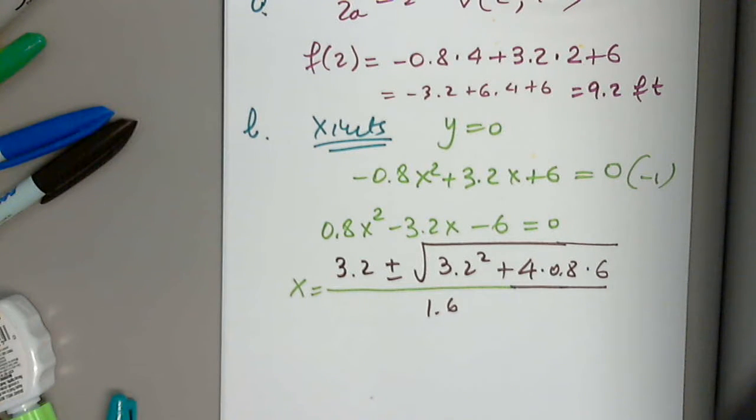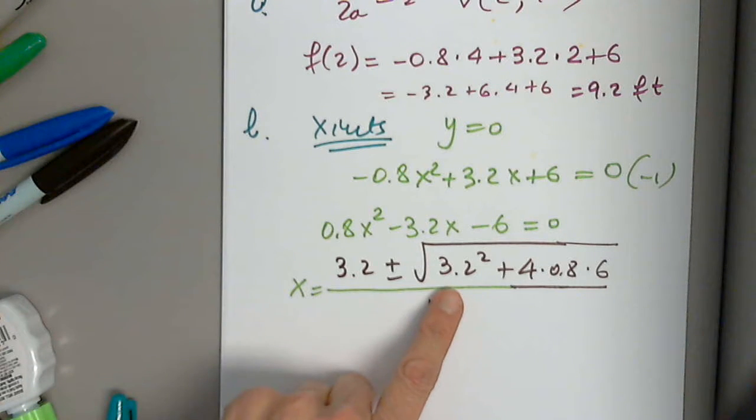Okay, so now let me show you how I would do this with a graphing calculator. Would it be 3.2 squared? Yes. No, just 3.2 is not squared.